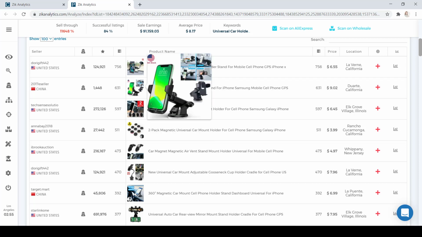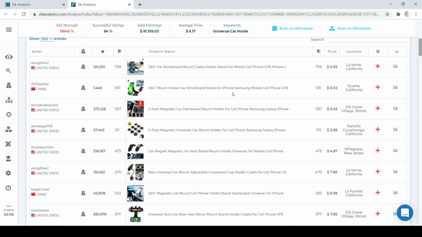Then of course in the middle we have the titles for each item, amount of feedback, which is the feedback score for each seller. You can see that this first seller here has a feedback score of over 124,000. And the second one has a feedback score of 1,448.